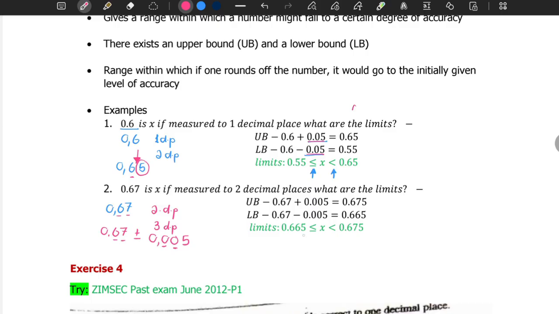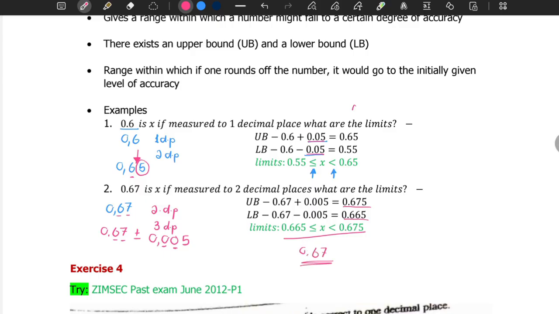So we add that to 0.67, we get 0.675. We subtract that from 0.67, we get 0.665. That means our range or limits are 0.665 less than or equal to x less than 0.675. Any number between these, when rounded to two decimal places, will give 0.67.